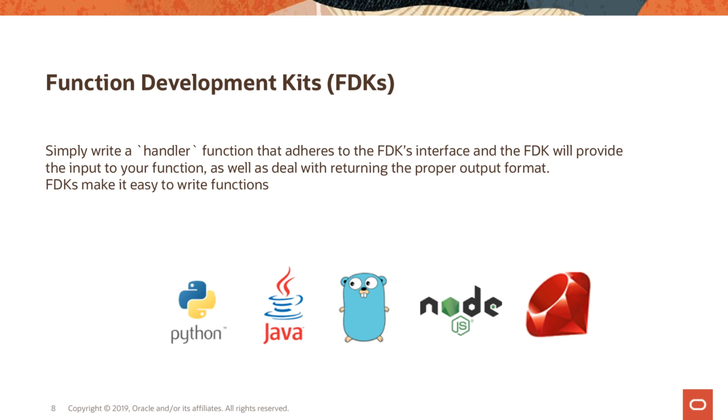Let me wrap up part one of this session right now. Till now, we have looked at what functions as a service offerings are and why we need them. We discussed serverless compute. We looked at the open source FN project on which the Oracle Functions service is based.